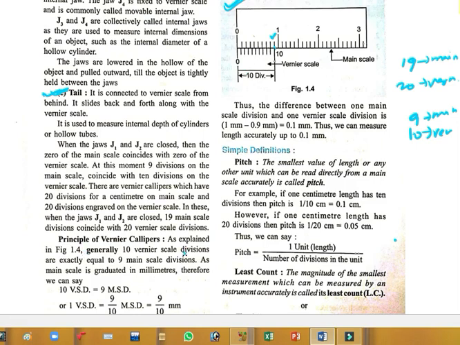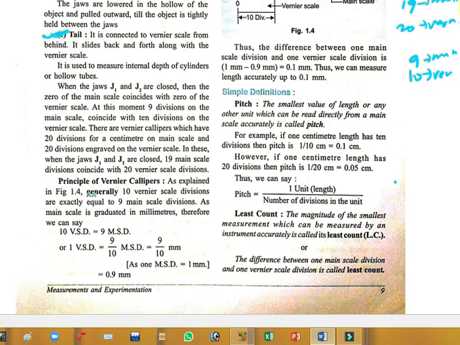Okay, so the principle of vernier calipers. As explained in figure 1.4, generally 10 vernier scale divisions are exactly equal to 9 main scale divisions. As the main scale is graduated in millimeters, MSD means main scale division, VSD means vernier scale division.